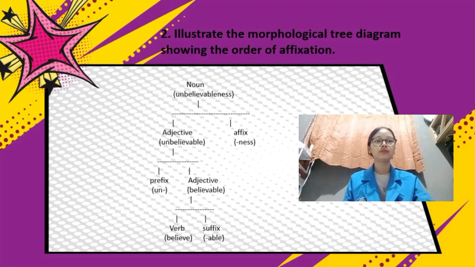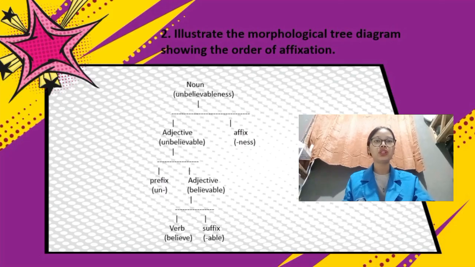First, let's start with the root word believe, which is a verb. Then we add the suffix -able. This is a derivational affix because it changes the word class from a verb to an adjective, giving us believable.